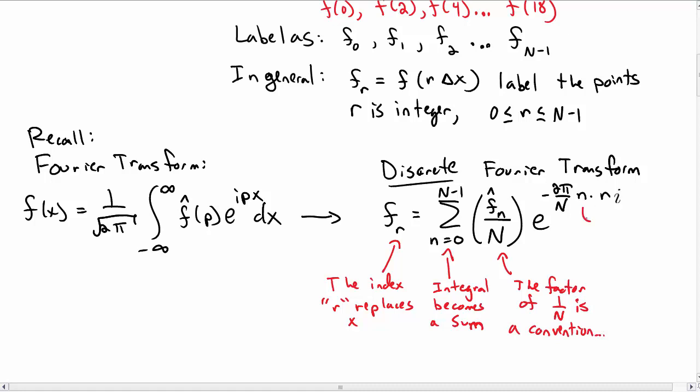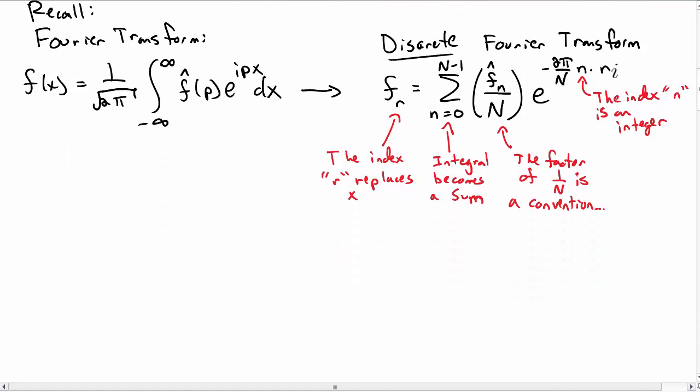And then the index n, little n, is now an integer, and it's taking the role of what we used to have as frequency in the Fourier transform. Okay, so that's the discrete Fourier transform.